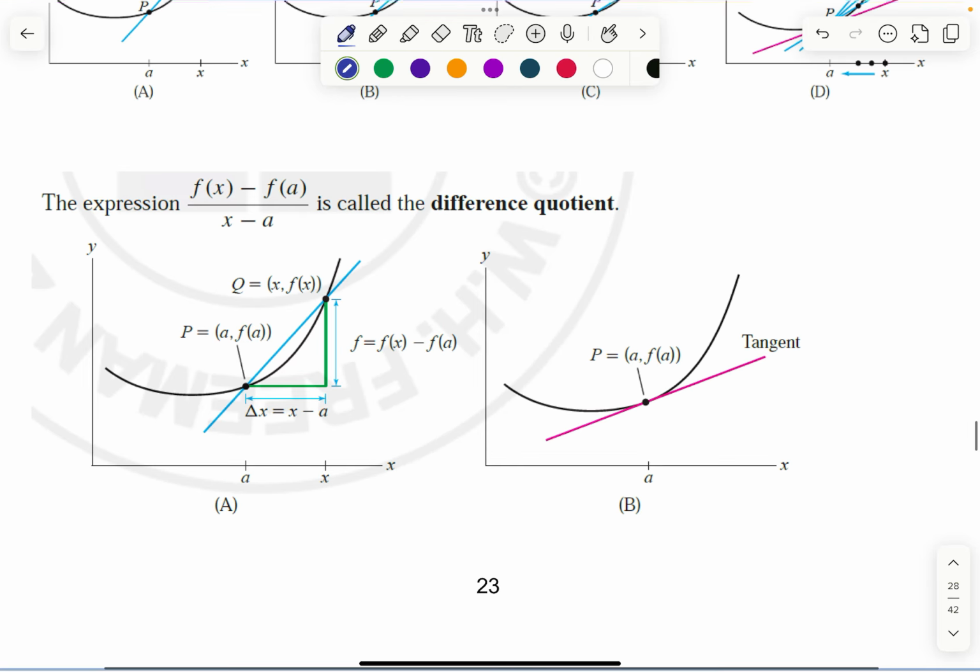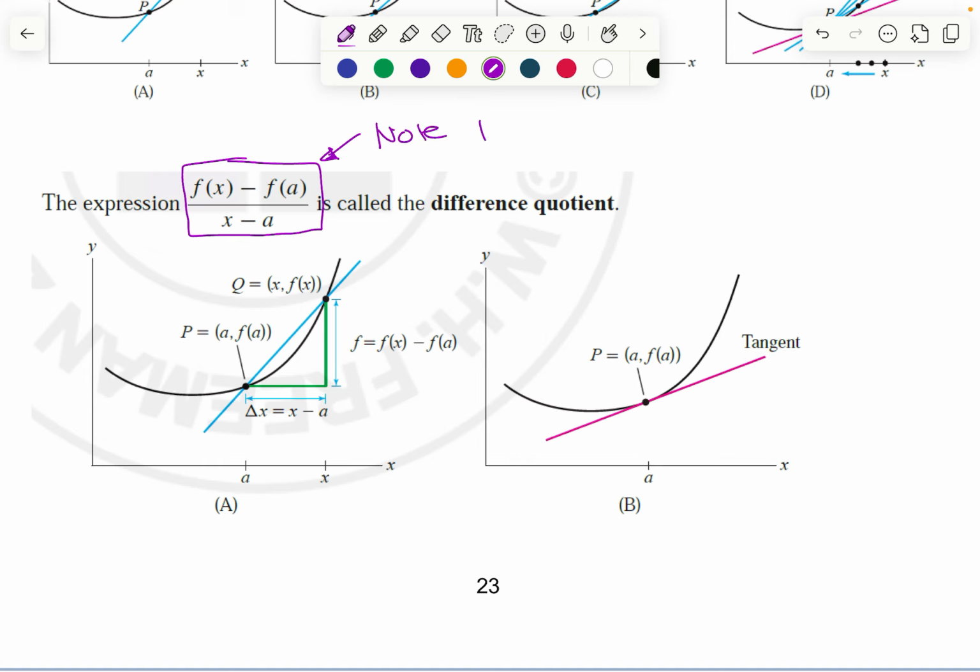Now, this expression, notice, is very similar to our average rate of change definition. What's different about this is that we see a variable here.